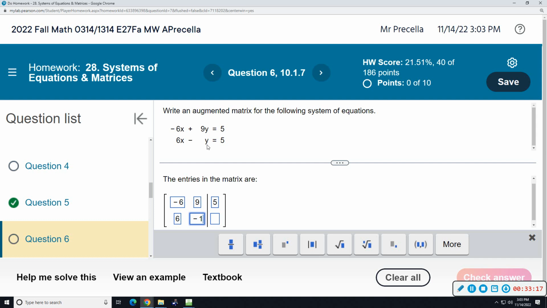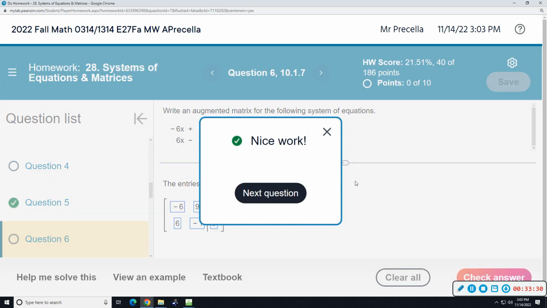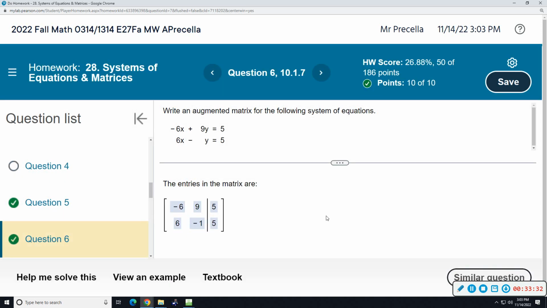That's the coefficient on this y. And then the constant is a 5. This is called an augmented matrix. There are a lot of applications of these augmented matrices, but you'll see them if you take a Math for Business course like Math 1324 or a finite math course out at the university, something like that.